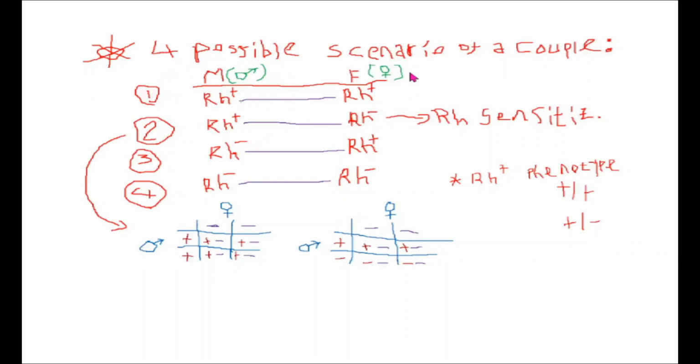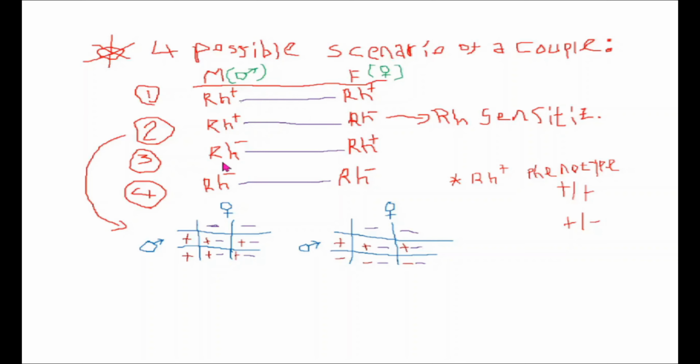There are four possible scenarios of a couple. The first scenario is, let's say the male individual is Rh positive, the female could be Rh positive. The second scenario is the male can be Rh plus and the female can be Rh negative.